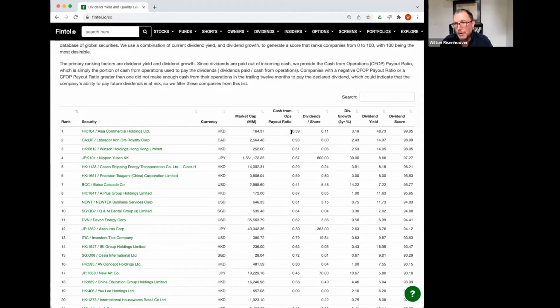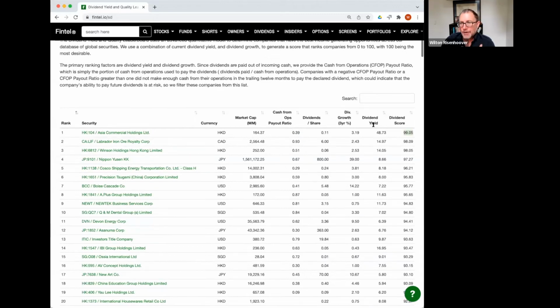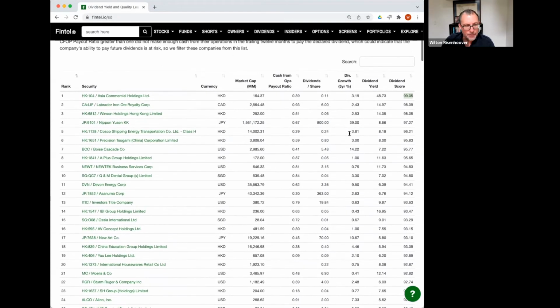You don't want a company where they sold some real estate, and they're paying dividends out of the cash in from the real estate, or whatever. So that's what this looks at. It looks at the cash from operations payout ratio, and that goes into this overall dividend score as a way of trying to make sure that the earnings quality for the company is good.